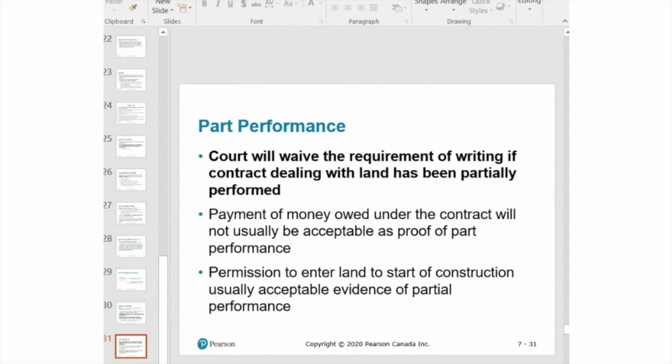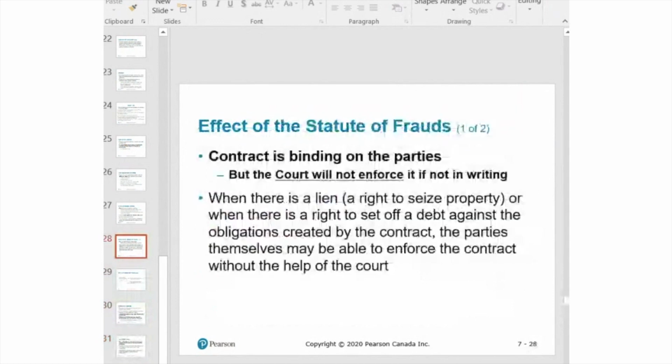but there's partial performance. What is partial performance? Well, if I purchased your house and you allowed me to move in, or if I purchased your house and I paid a down payment or made a deposit, this is partial performance. So when there's partial performance, even though there's no written piece, the courts will enforce that agreement. So part performance actually helps when the contract that should be in writing is not in writing.